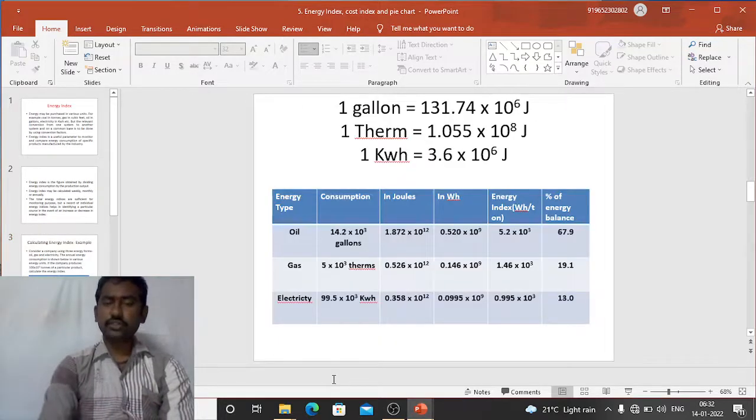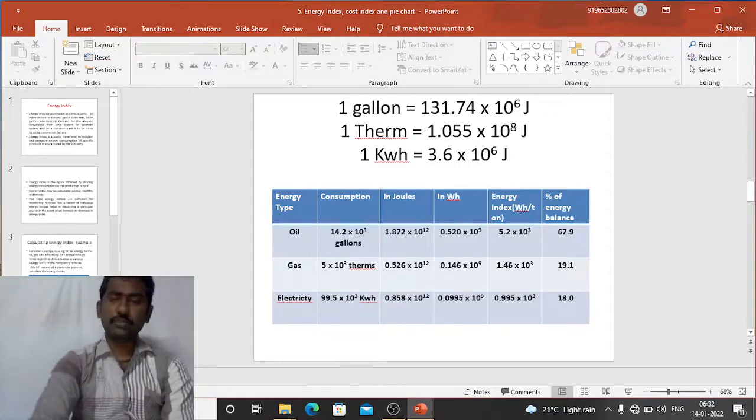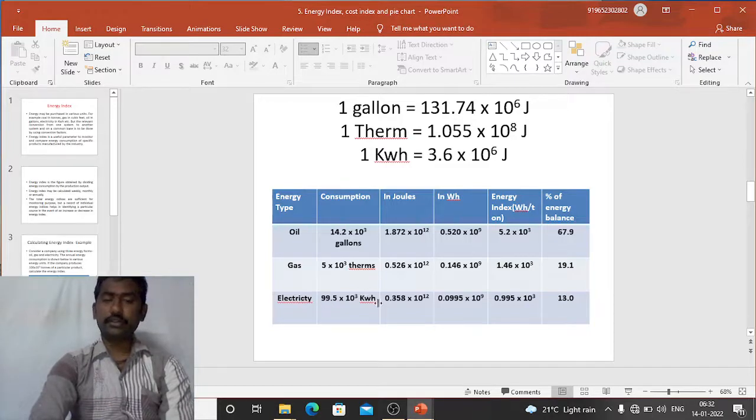So we know the conversion formulas. 1 gallon is equal to 131.74 into 10 to the power of 6 joules, 1 therm equals 1.055 into 10 to the power of 8 joules, and 1 kilowatt hour equals 3.6 into 10 to the power of 6 joules. The oil content is 14.2 into 10 cube gallons, the gas content is 5 into 10 cube therms, and the electricity content is 99.5 into 10 cube kilowatt hours.